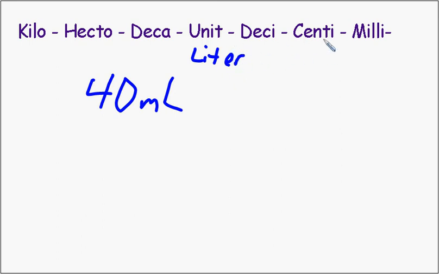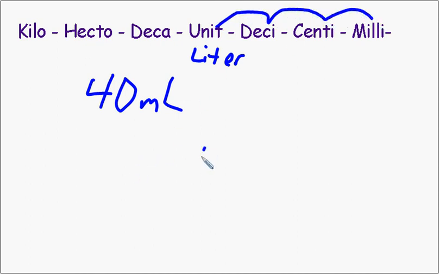Finally, we don't seem to have our meters, grams, and liters here. Let's say I had 40 milliliters, and I wanted to write that as liters. Liters would be here, the basic unit of liquid, a liter. So I'm moving the decimal the other direction. 1, 2, 3.